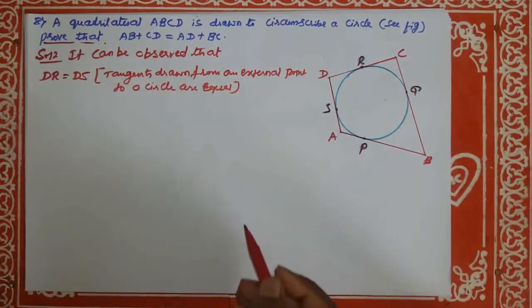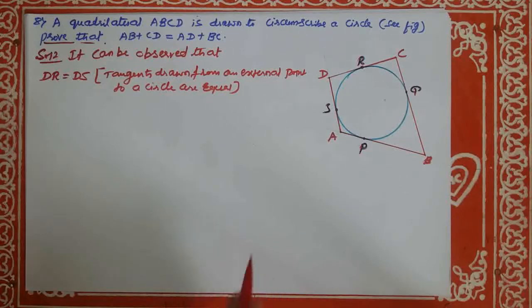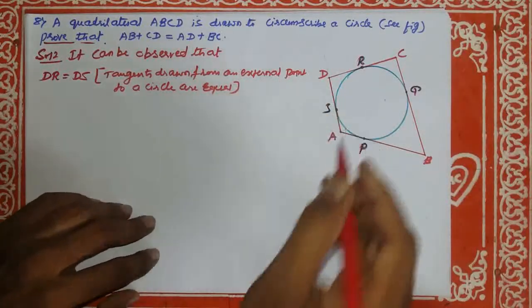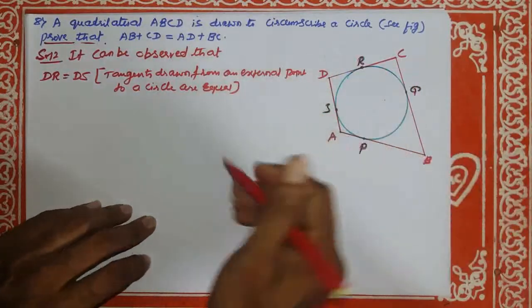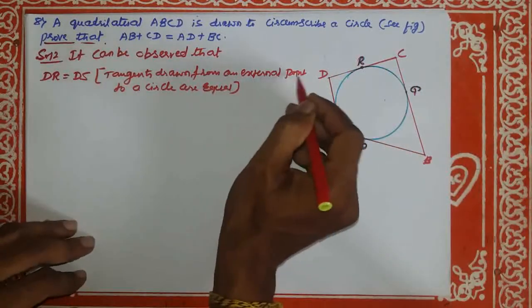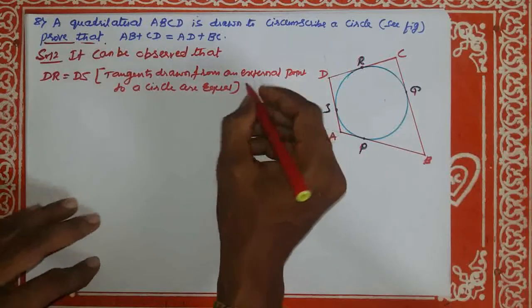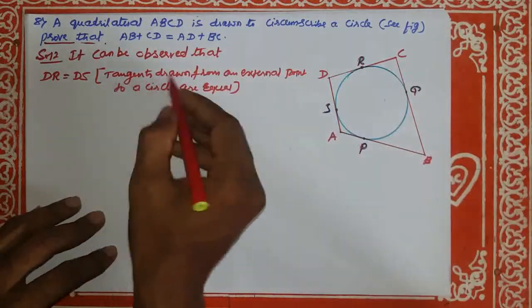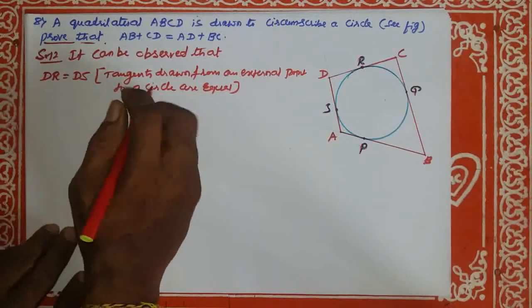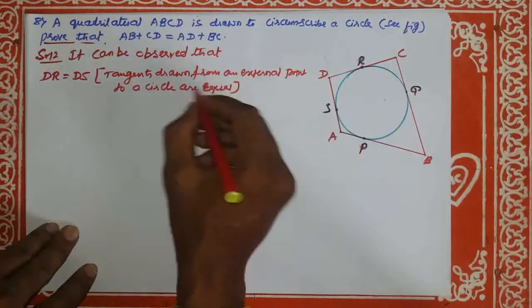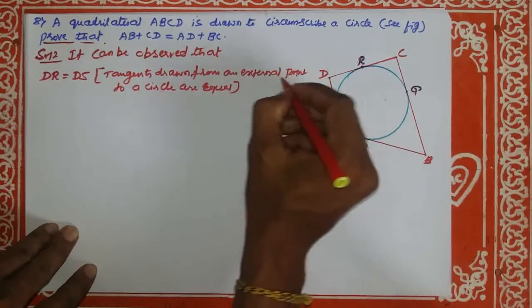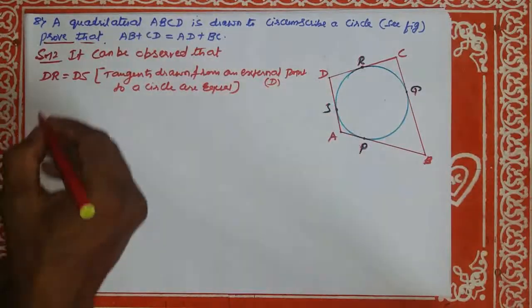See, tangents drawn from an external point to a circle are equal. What are those? CR is equal to CQ, just as I told. So here, the tangents on the circle from this point, that is D, which is an external point here. The external point is D.